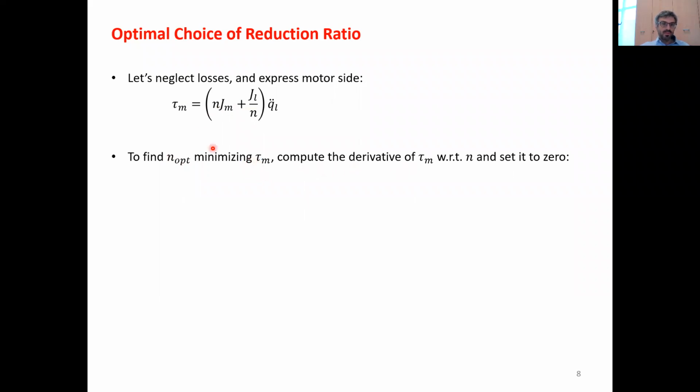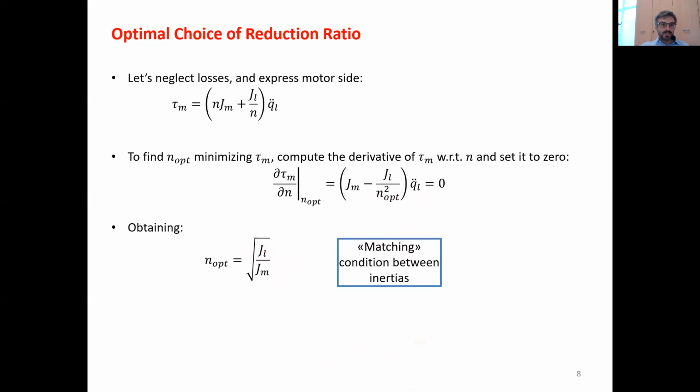We need to compute the derivative of this expression with respect to n, and set it to 0. And this is the derivative. And we see again it's a parabola with the second derivative positive. So it's a convex parabola, and it will have a minimum, and the value of the minimum is the one that nullifies this expression, and is the ratio between the load inertia and the motor inertia.